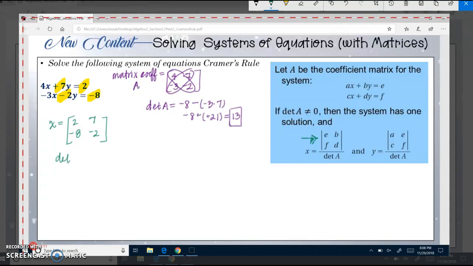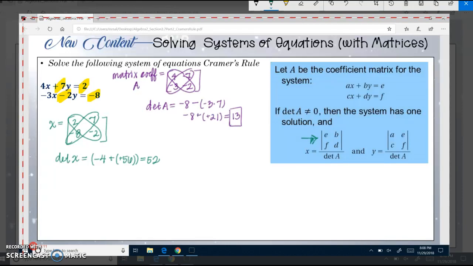So here we want to find this determinant, and we do so by multiplying across here first. So that's going to give us negative 4 minus, when I multiply this way, negative 7 times negative 8, that will give me negative 56. So when I do that, I end up adding, so I'll have negative 4 plus positive 56, and I will end up with 52.